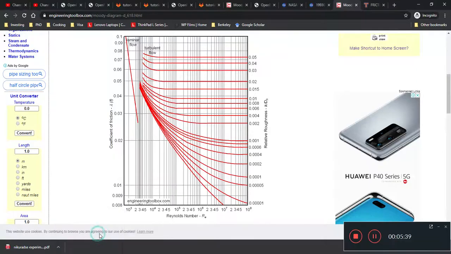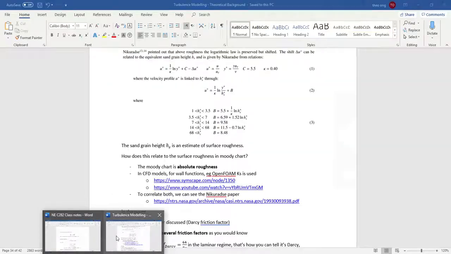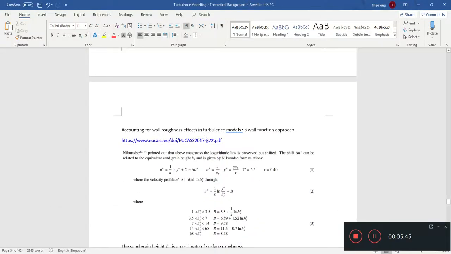The main thing I would like to bring you to is this paper, called Accounting for Wall Roughness Effects in Turbulence Models: a wall function approach.